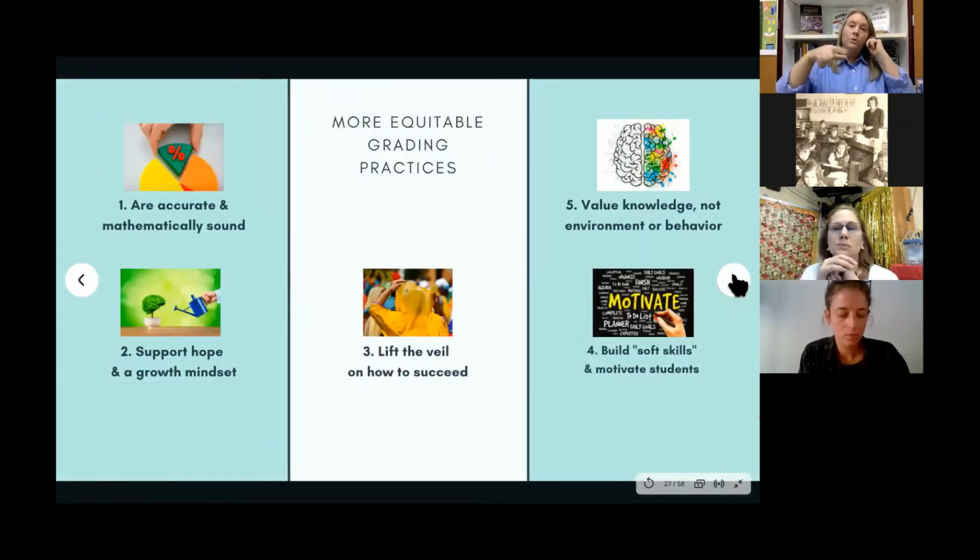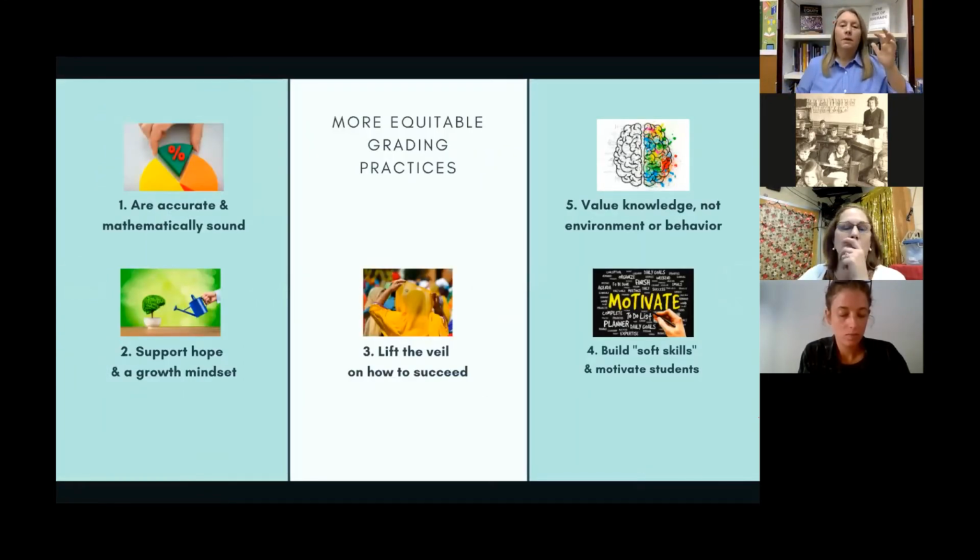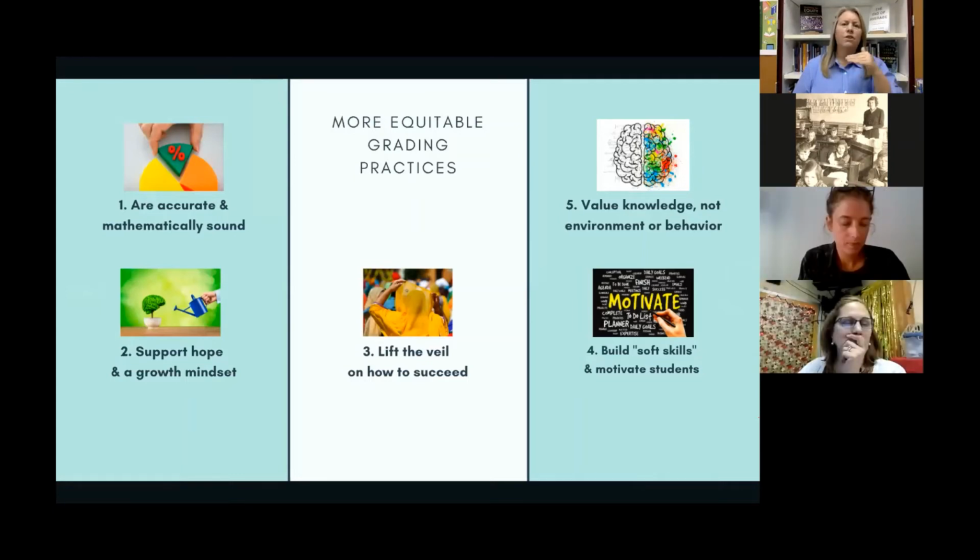So for more equitable grading practices, there are some things that he recommends. Number 1, that they are accurate and mathematically sound. And I know for myself, I'm an English teacher. I never thought about the mathematics to grading, but when I read that part, that data blew me away. Number 2, that more equitable grading practices will support hope and a growth mindset.